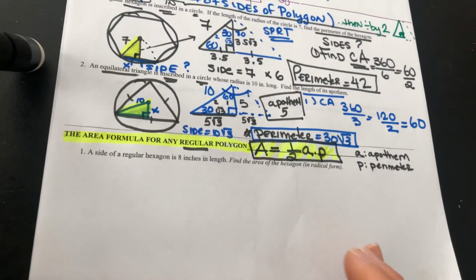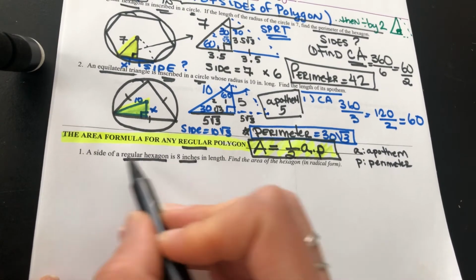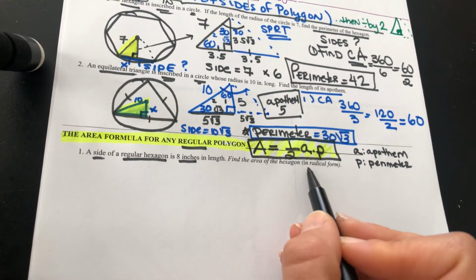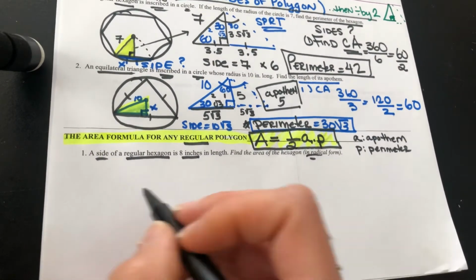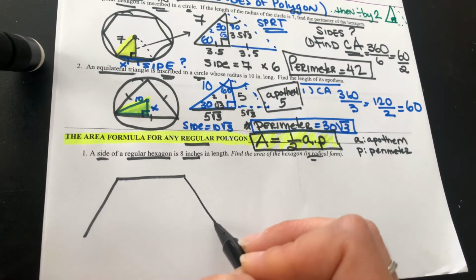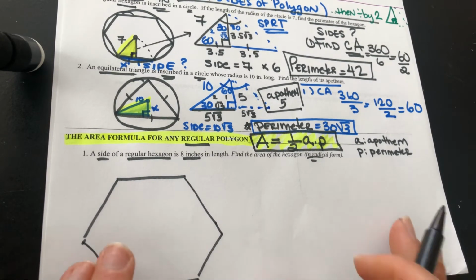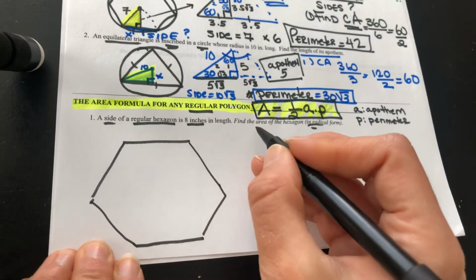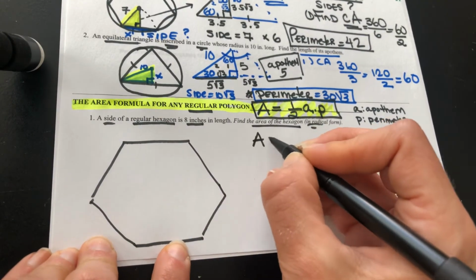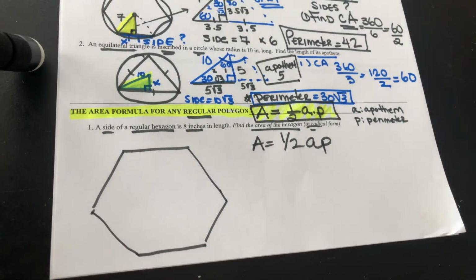Question 1. A side of a regular hexagon is 8. Find the area in radical form. All right, so all you have to do is draw the hexagon. You don't need to worry about the circle. I told you the circle allowed us to realize how to find the central angle and all this other stuff. But knowing that we're finding the area, please write your formula, 1/2 AP, especially since you just learned it.